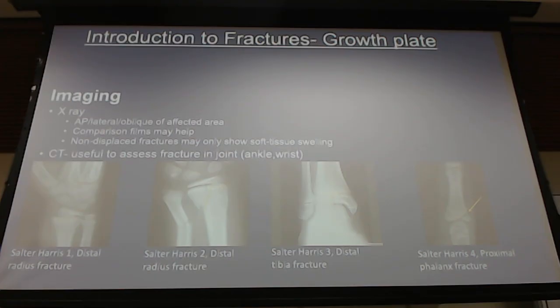So when you see a Salter-Harris fracture, as you see in that Salter-Harris 2, the second diagram from the left, right? It is very easy to articulate that as a fracture of the metaphysis, right? Without taking into account that yes, it extends into the joint and potentially, right, affects the growth plate.